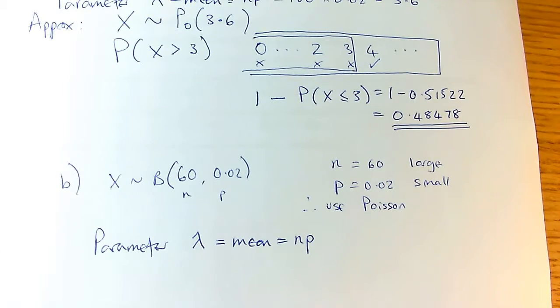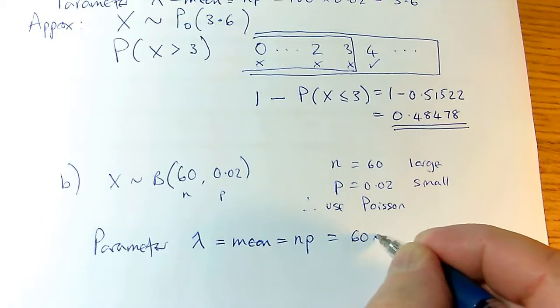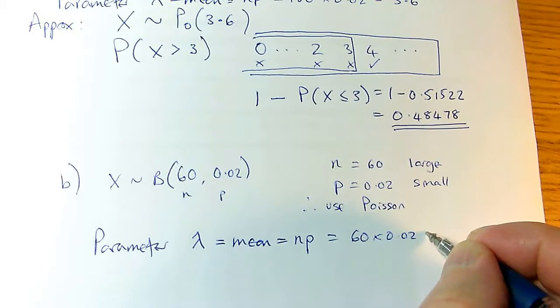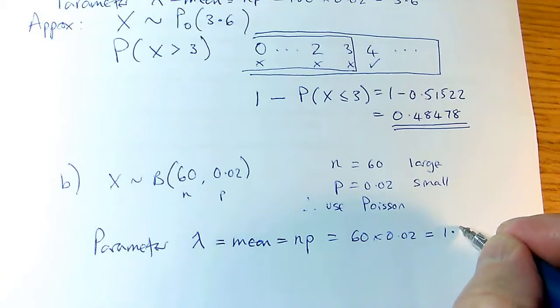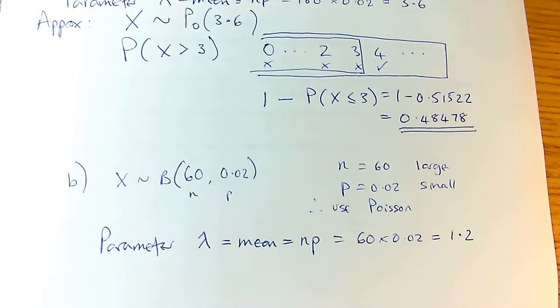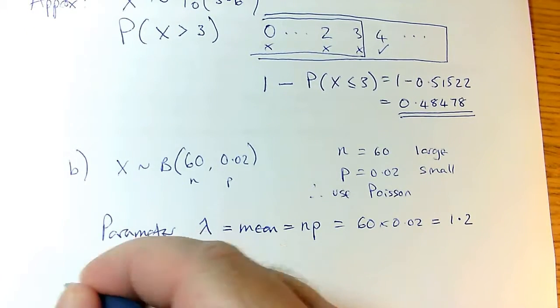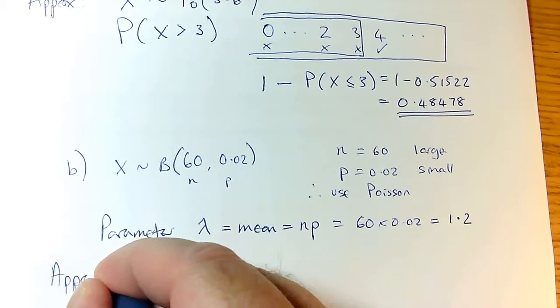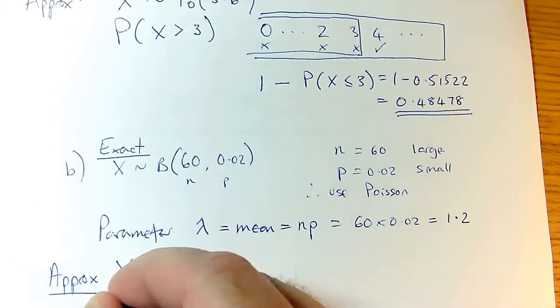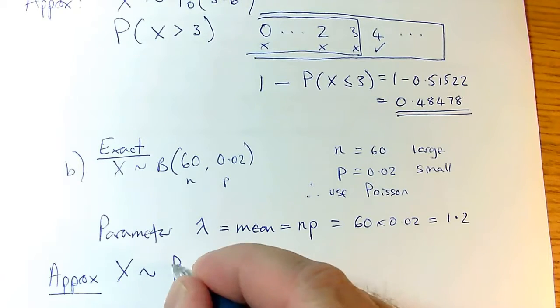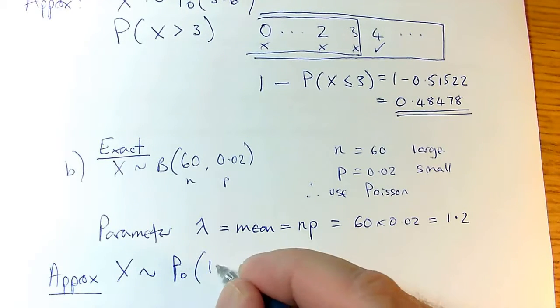So my NP is 60 times 0.02, which in this particular case is going to give me 1.2. So I need to say that approximately, so my approximate distribution, this was the exact distribution, the approximate distribution is X is a Poisson with parameter 1.2.